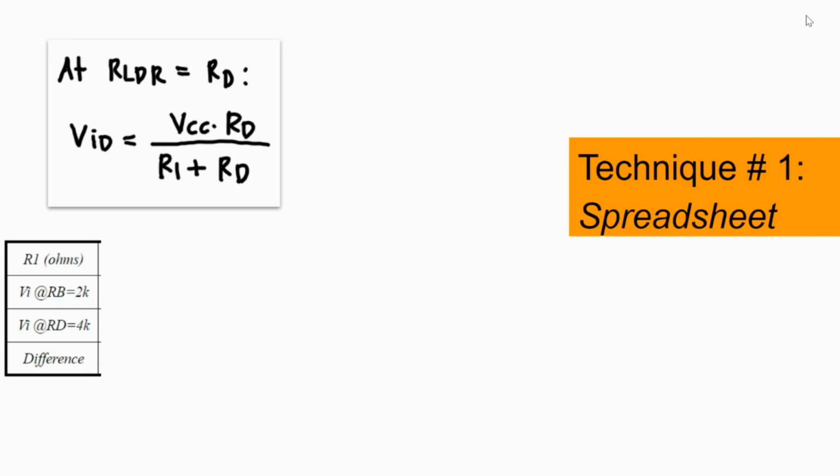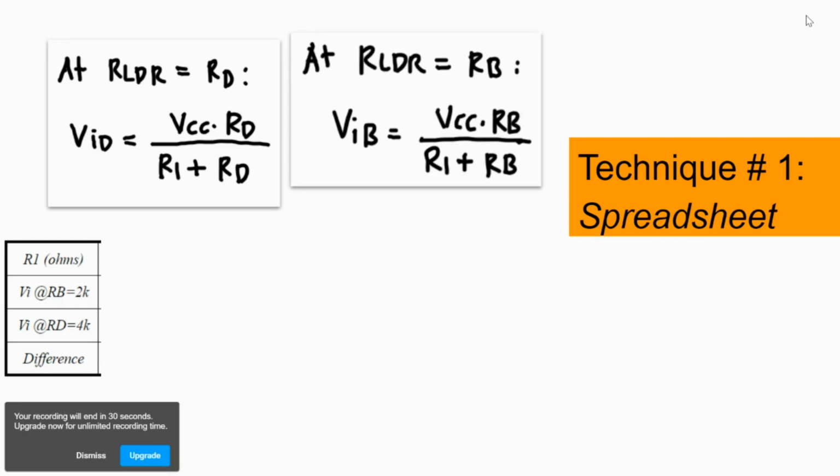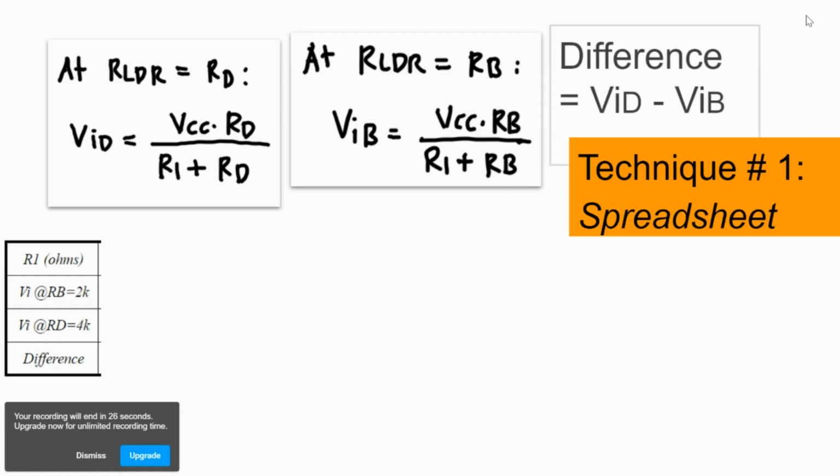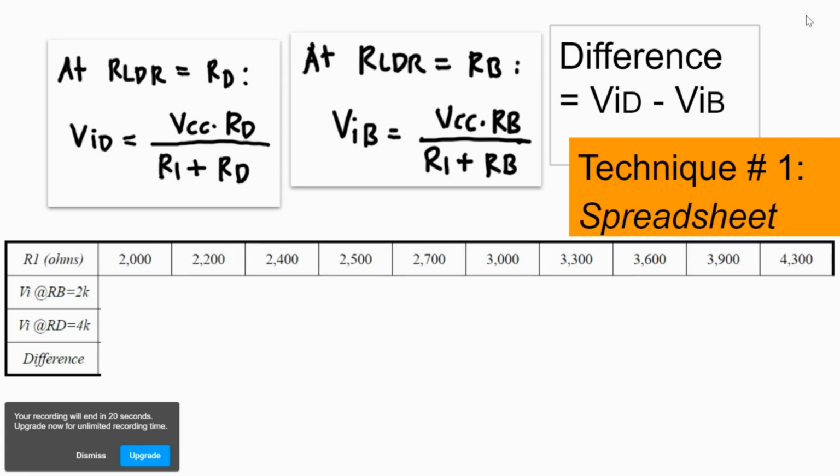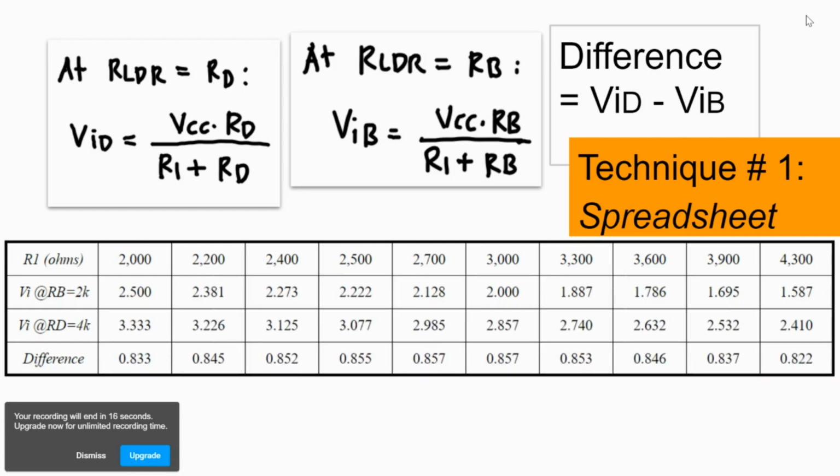Then using RB, we will calculate VIB. Then, we get the difference between them. For R1, substitute the commercial values that are available. Then look at the trend of the difference and notice that the highest point occurs for two values of R1, 2.7K and 3K.